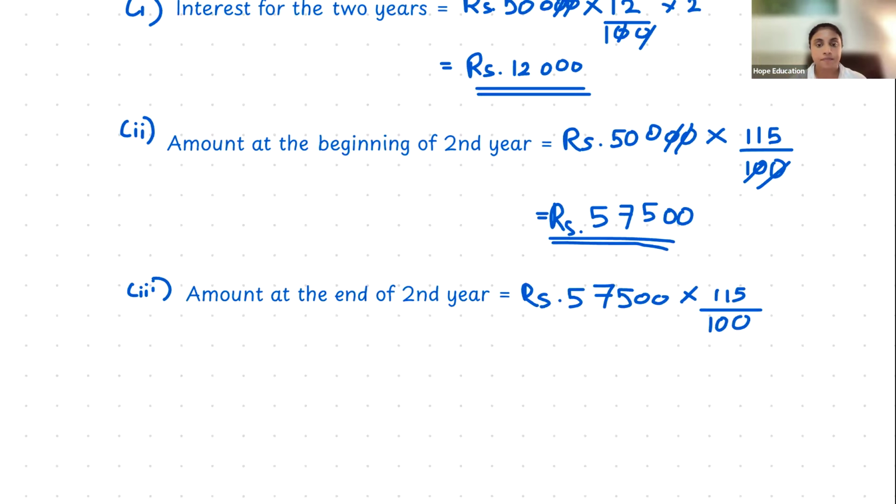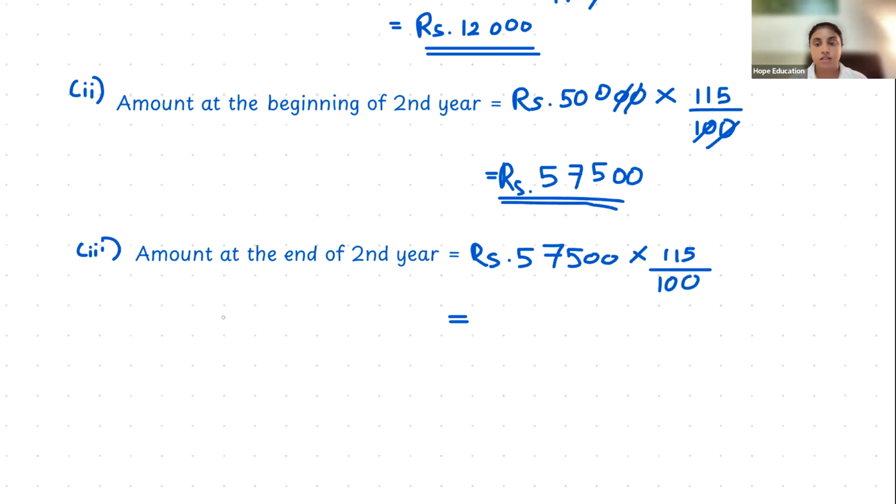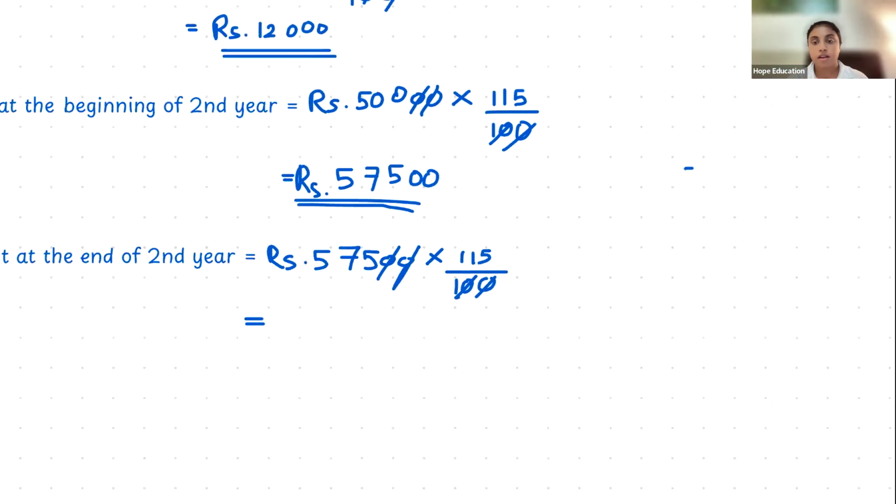So this 0 cancels off, this 0. So we have to do the multiplication. 575 multiplied by 115. 5 times 5 is 25. 5 times 7, 35, 36, 37. 3 remaining. 5 times 5 is 25 plus 3 is 28. 1 times 575 is 575. Again, 1 times 575 is 575.